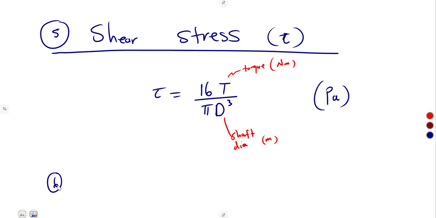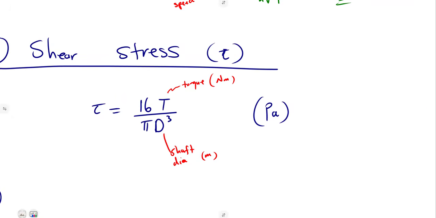Then another aspect. All right. From here, we can just make whatever you want the subject of the formula, as we have got the shear stress. Therefore, let's make T the subject. If you cross multiply, it's going to be pi d cubed, all right?